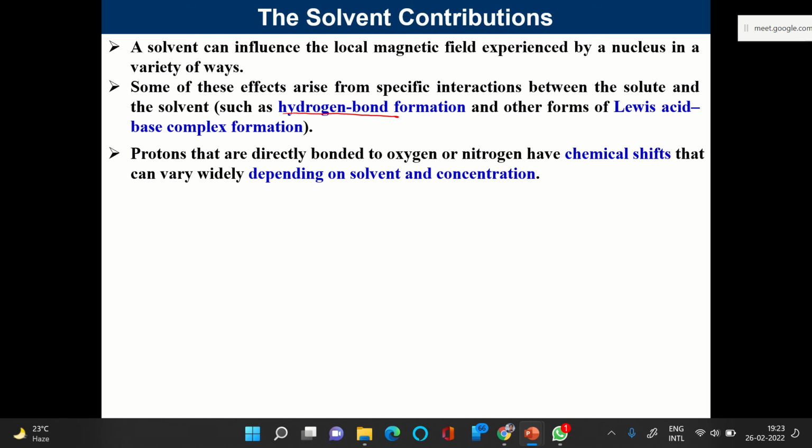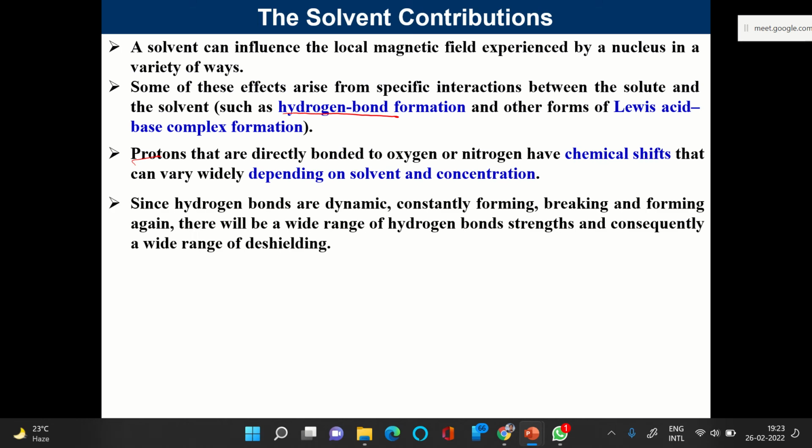Usually you will find that broadening is observed, and also you will see a slight chemical shift move to higher values. So these are a few things that we will observe for proton chemical shift values.